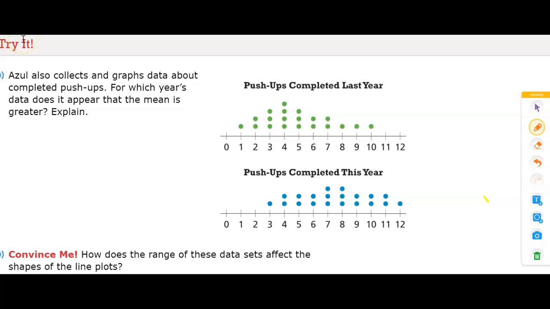It seems that the mean is greater for this year because if you look at the line plots from last year to this year, last year started at 1 and went to 10. The majority of the points are right here, 3, 4, and 5.